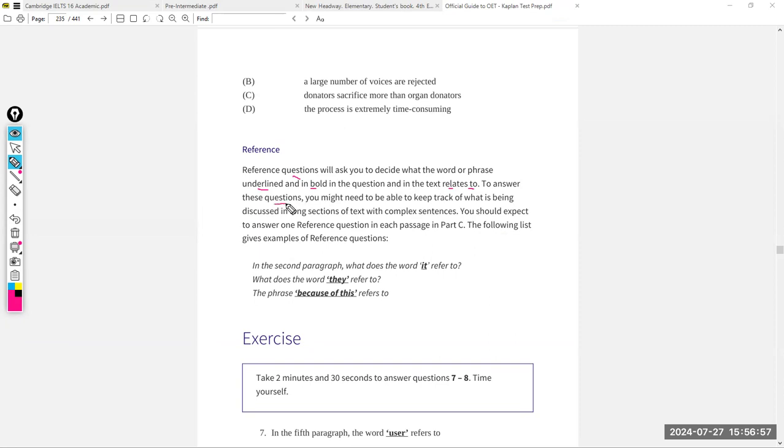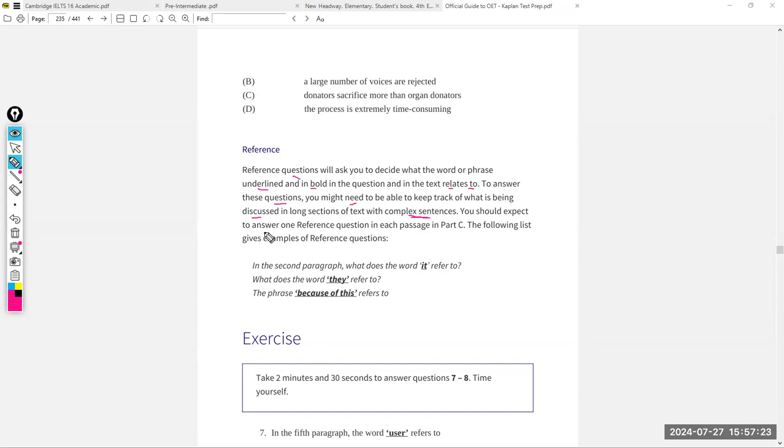To answer the reference question, I might need to keep track of what is being discussed in long sections of text with complex sentences. I have to be careful of complex sentences, compound sentences, complex compound sentences, because these sentences are really long, and I have to be careful about them.